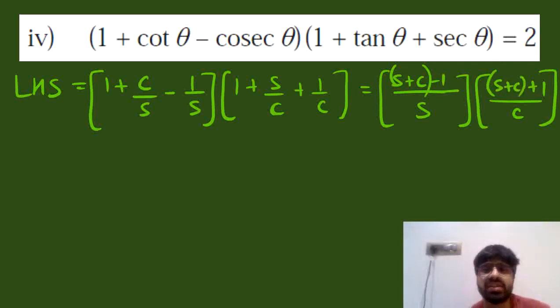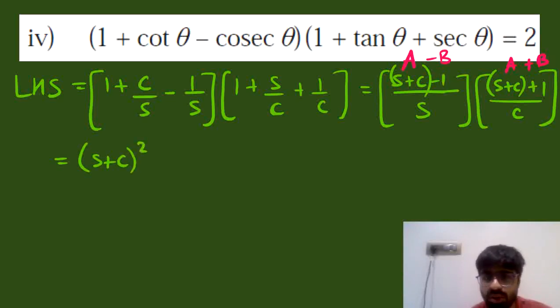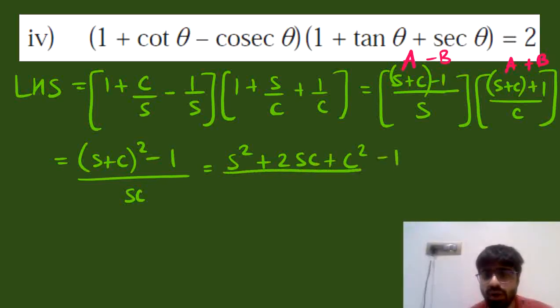And now we can see that the expression in the numerator is of the type a minus b into a plus b. So a plus b into a minus b was basically a square minus b square. So the left hand side becomes a square, that is sine theta plus cos theta, the whole square, minus 1 square, which is 1, upon we have sine theta cos theta. So let's expand sine theta plus cos theta, the whole square. That would be sine square theta plus 2 times sine theta cos theta plus cos square theta minus 1, the whole divided by sine theta cos theta.